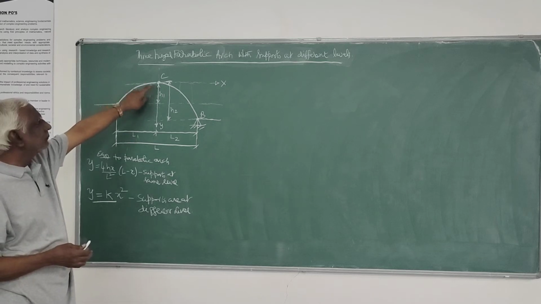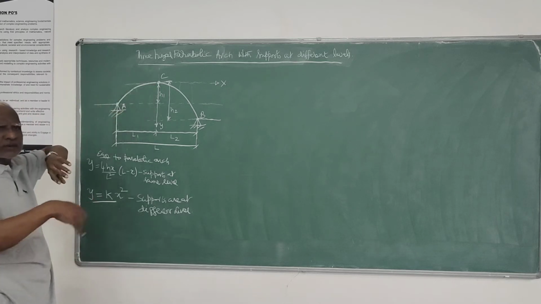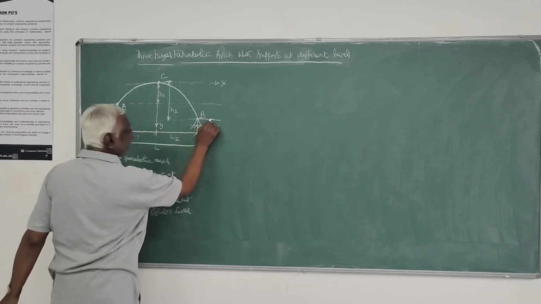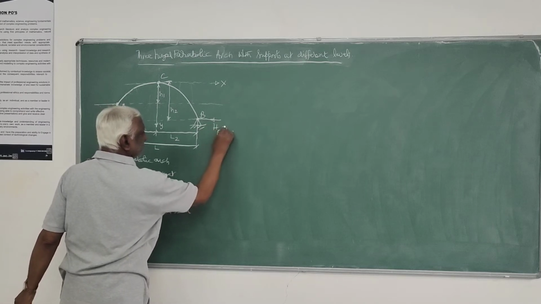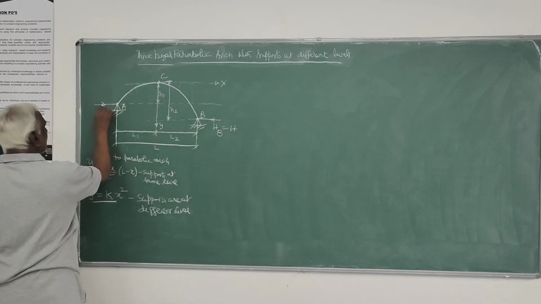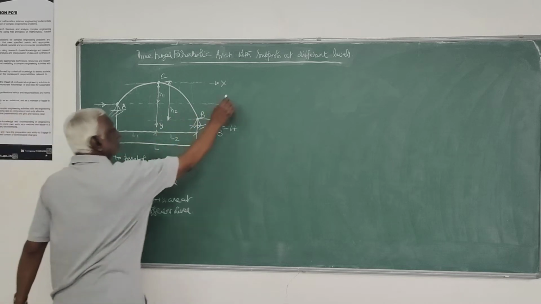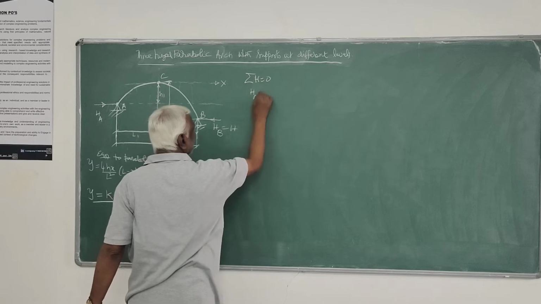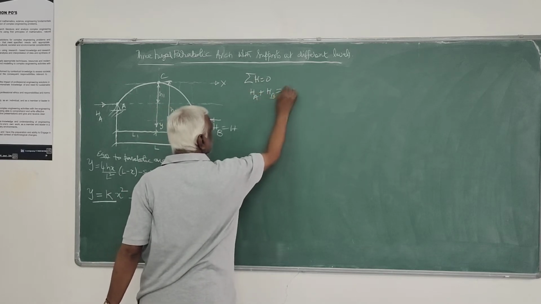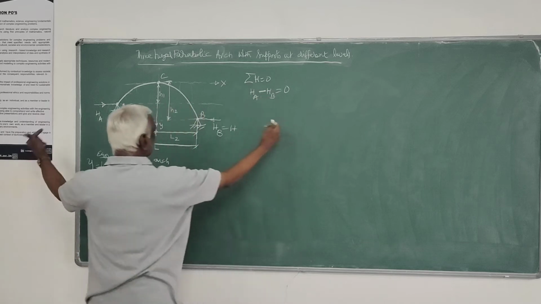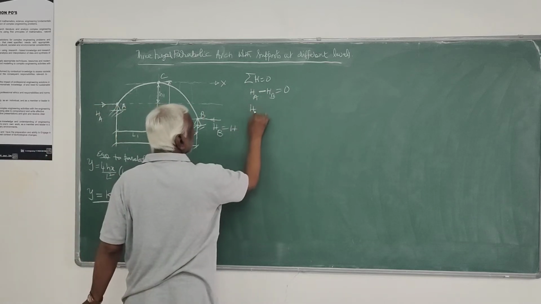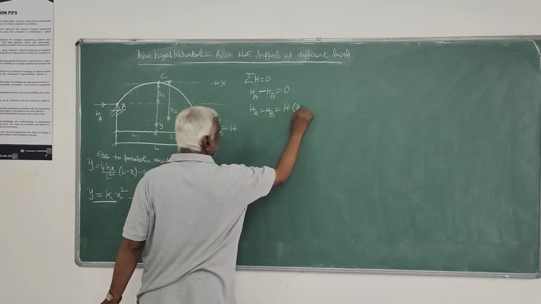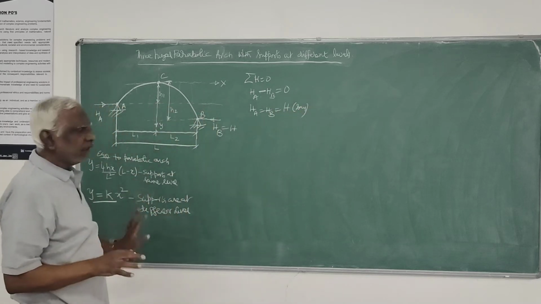The third equation we can take as moment about the top hinge equal to 0. So sigma H equals 0 will give you the two horizontal reactions, HA minus HB equal to 0, or HA is equal to HB, you can say H. So the horizontal reactions will be equal.